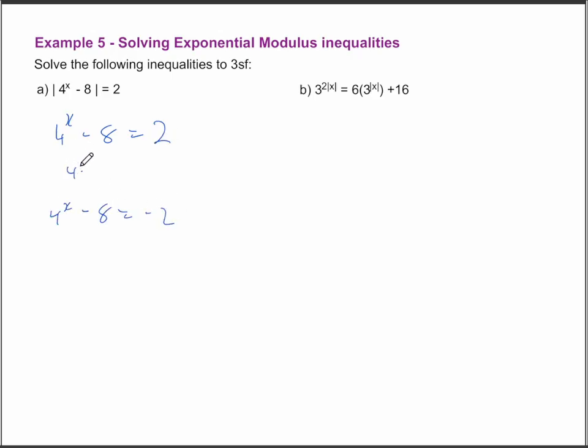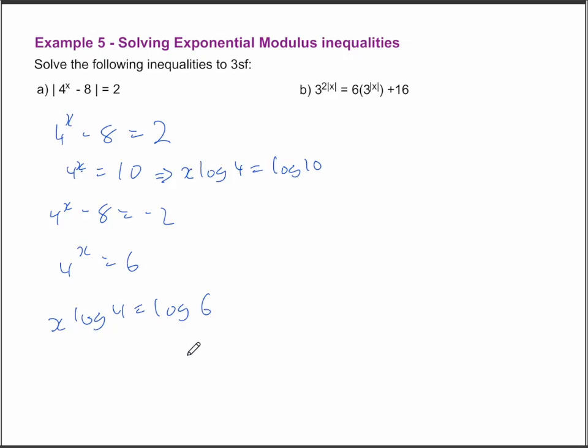And so we have either 4 power x equals 10 or 4 power x equals 6. Then with both of these we can do our logs. So here we get x log 4 equals log of 10. Remember, we have applied base 10 to both of them. That's the normal way of applying logs. And here we also have x log 4 equals log 6.